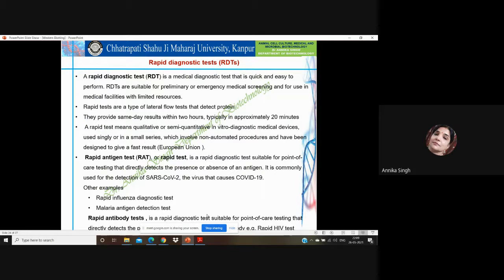Then the next topic is rapid diagnostic tests. A rapid diagnostic test is also a medical diagnostic test. It is called a rapid diagnostic test because it provides a same day result within 2 hours, and in some cases within 20 minutes it will provide you a tentative result, not confirmatory, but tentative.